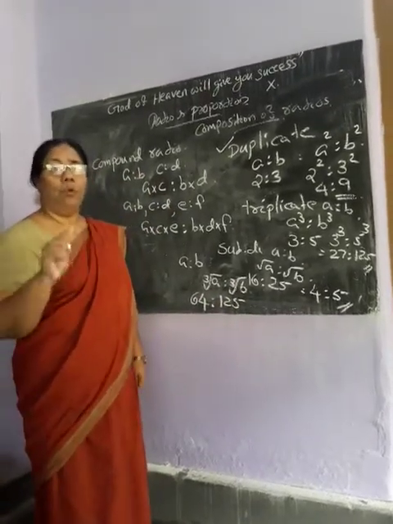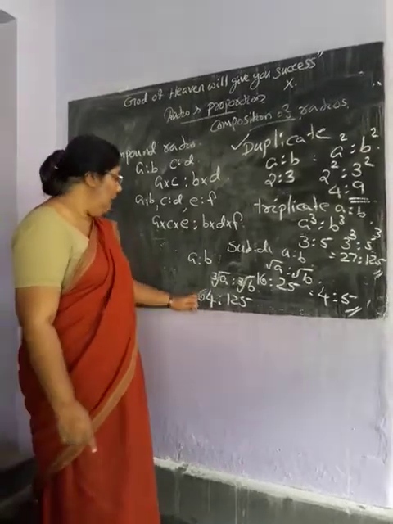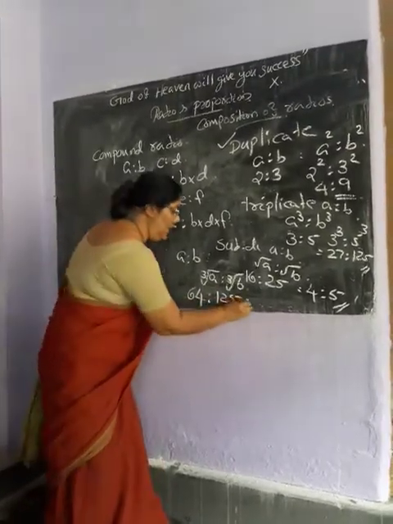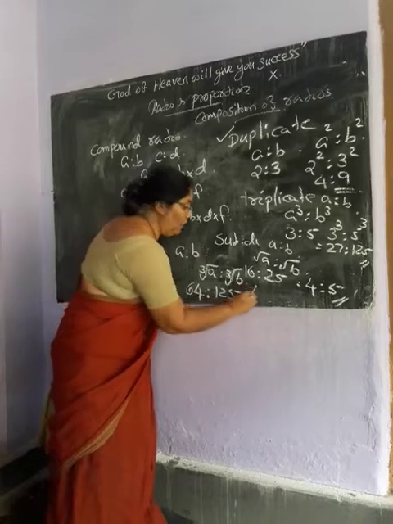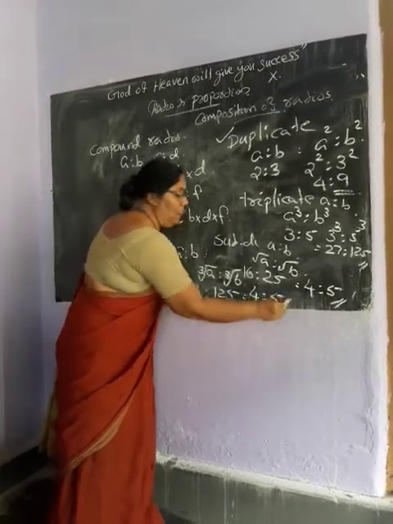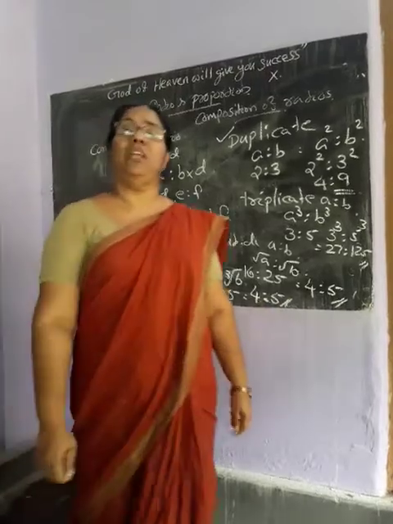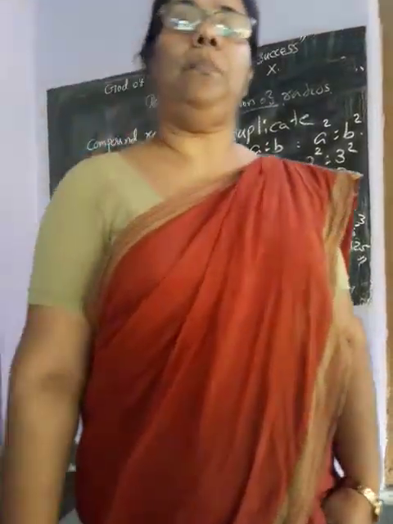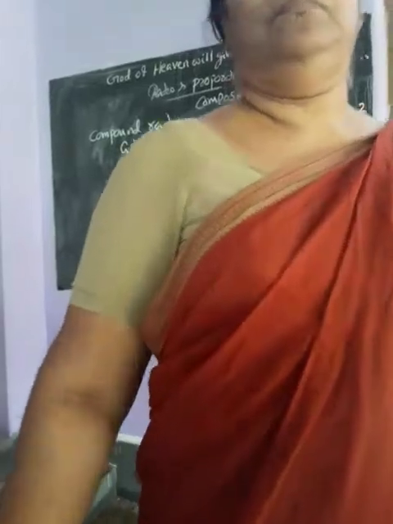The subtriplicate ratio of 64 is to 125 is cube root of 64 is 4 and cube root of 125 is 5. Therefore, the answer is 4 is to 5. Okay.